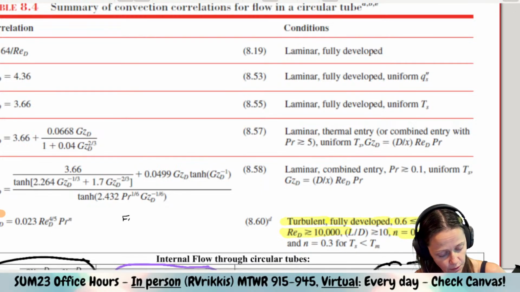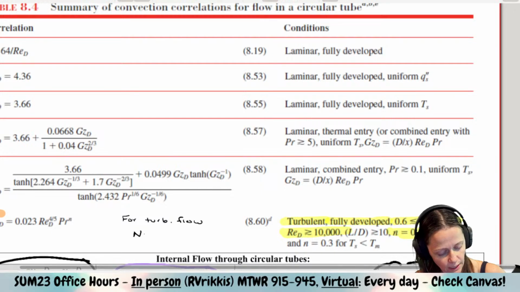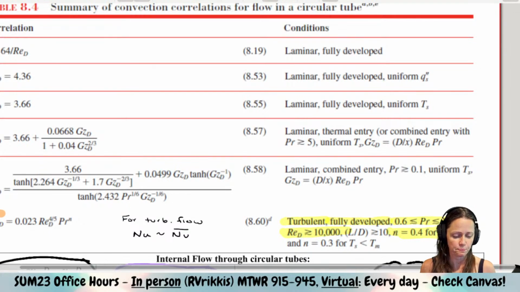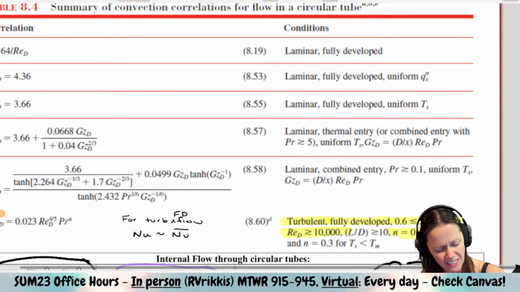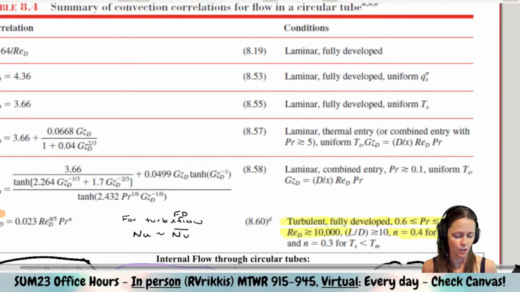For turbulent flow, that average Nusselt number and the local Nusselt number are pretty much the same. Turbulent, fully developed flow. If it's not fully developed, there is a correlation in your book, but you're not going to need it for the exam. Okay.